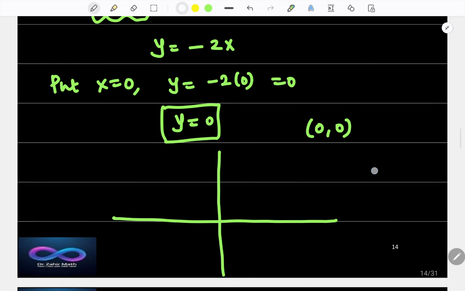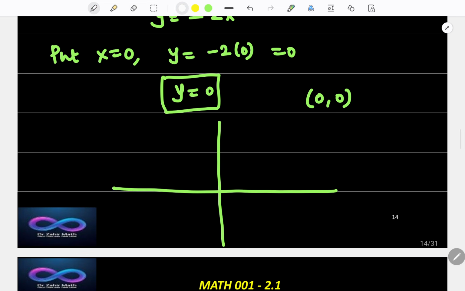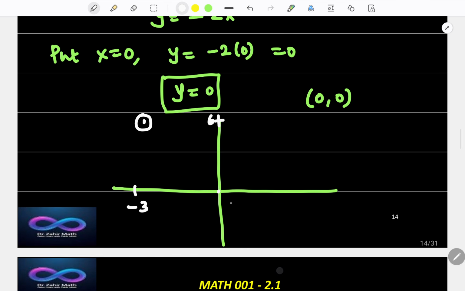Okay. So the first point is minus 3 comma 6. Where is minus 3? Here is minus 3. And for example, let me take this as 6. So this is minus 3 comma 6, and this point is 0 comma 0. You're going to draw a line like this. It should pass through as a straight line. So this is y equals negative 2x.